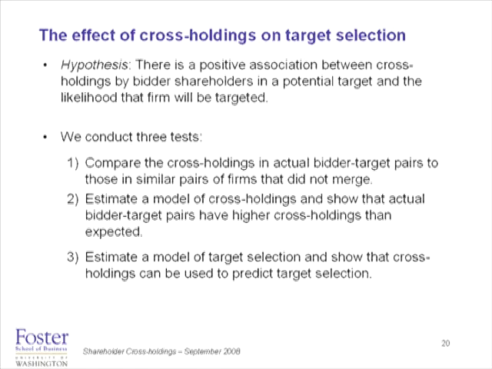Then we'll turn it around and estimate a model of target selection. This is similar to this, but in a more multivariate setting, and show that cross holdings can be used to predict target selection above the typical variables.